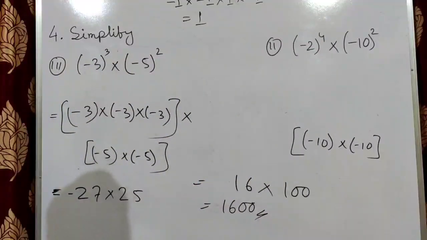Okay, 27 into 25. 25 into 25 is 625, 625 plus 50, it will be 675 most probably.